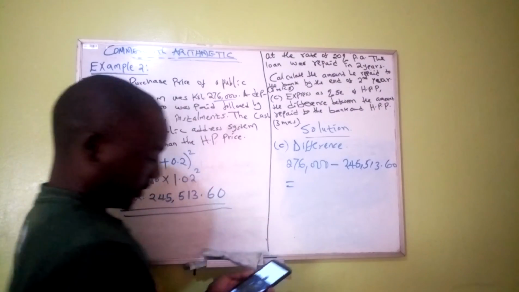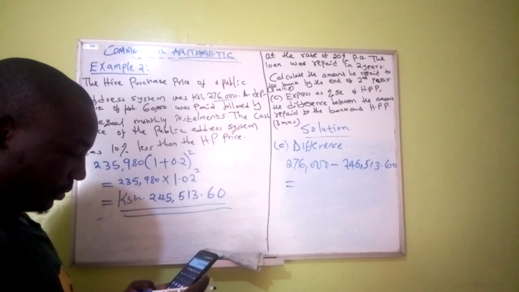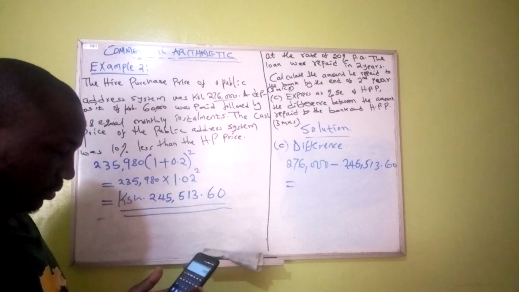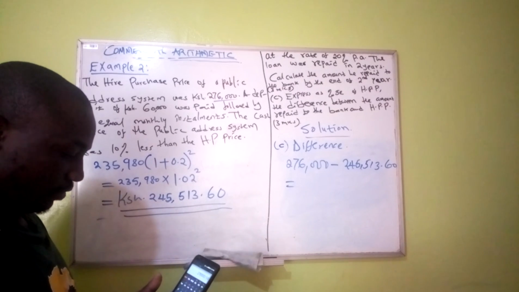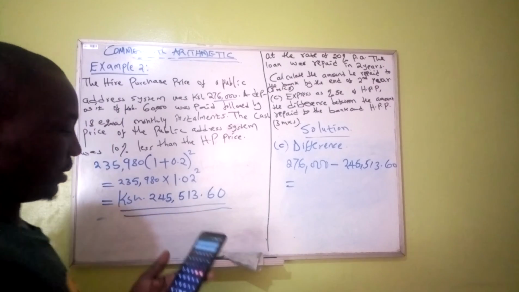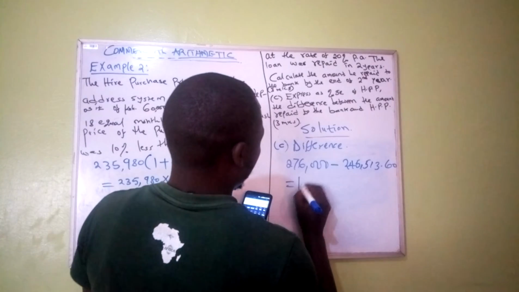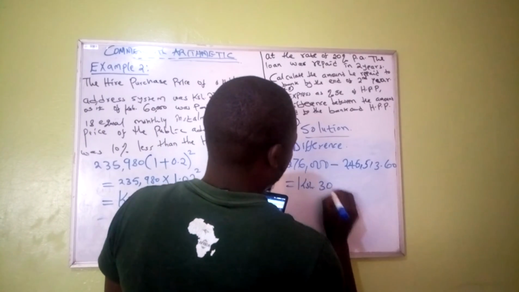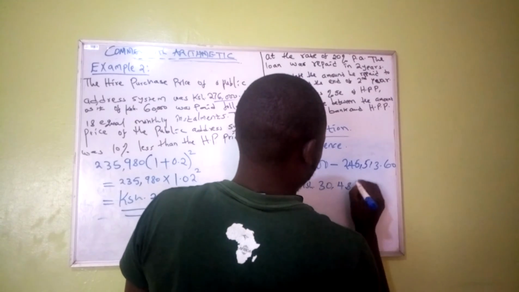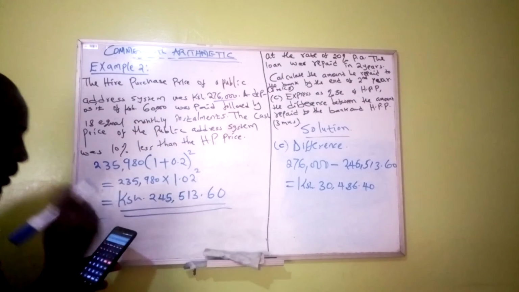The difference will be 276,000 minus 245,513.60. We get a difference of 30,486 and 40 cents. This is it.